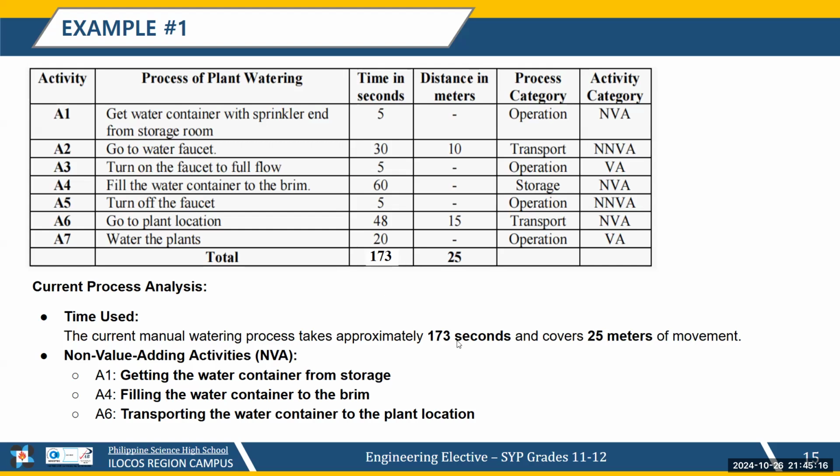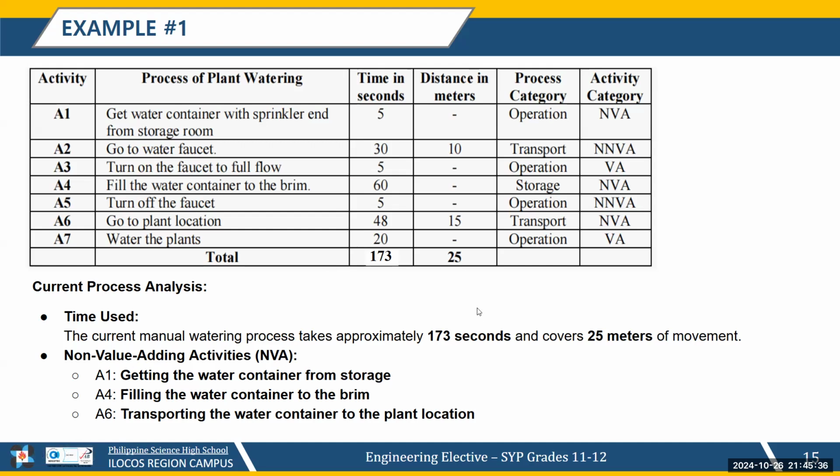And in terms of the distance covered, we covered 25 meters of movement. And from our activities, we have classified A1, A4, and A6 to be our NVA or the non-value adding activities.